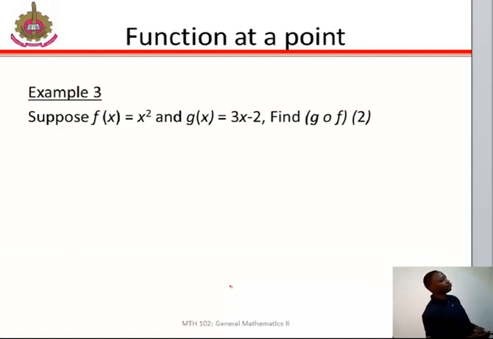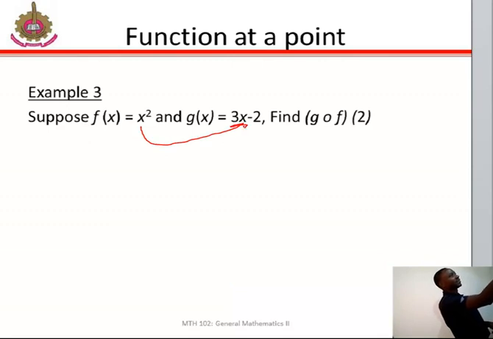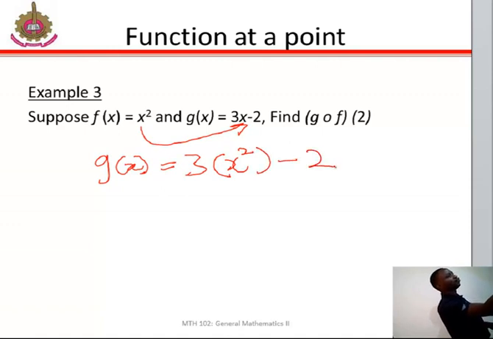Now how are we going to do this? First of all, we are considering g of x first, so you are going to plug the value of f of x into x in g of x. That's number one. After you have done that, then you set the value of x to be 2. So you are going to have something like this. g of x is going to be 3 times x squared minus 2.